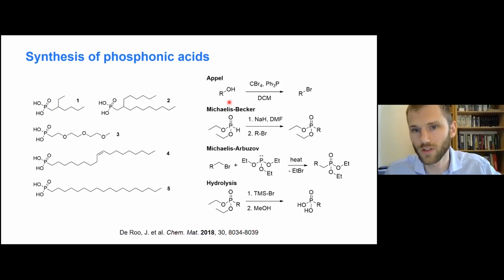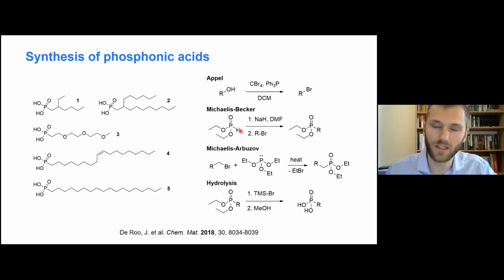So often we have to start from the alcohol when there is no bromide substrate available. In that case, we use the Appel reaction to convert the alcohol into bromide. Then we have 2 options. There's either Michaelis-Becker or the Michaelis-Arbuzov to make the phosphonic acid ethyl ester.